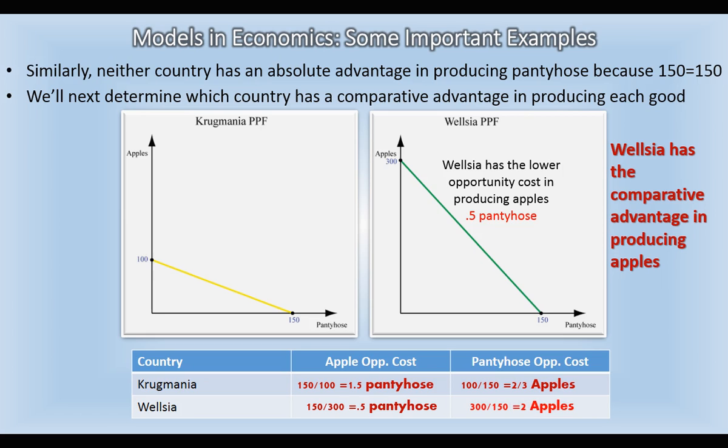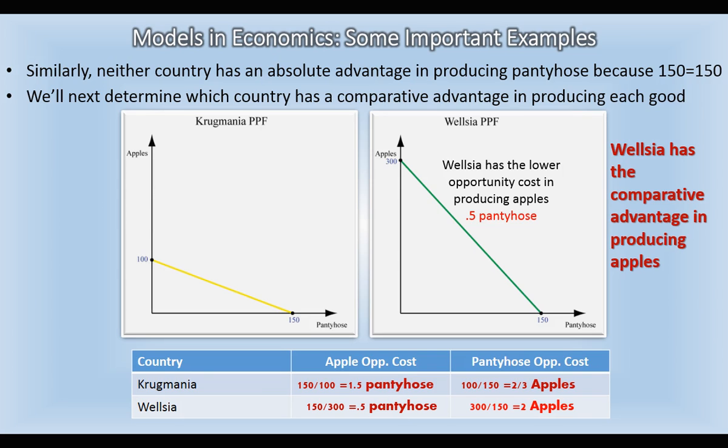So as far as pantyhose production, who has a comparative advantage? Krugmania, I'm hearing the right answer for the majority of you, which is wonderful. That means you're paying attention. So Krugmania has the comparative advantage in producing pantyhose because it has the lower opportunity cost of production.